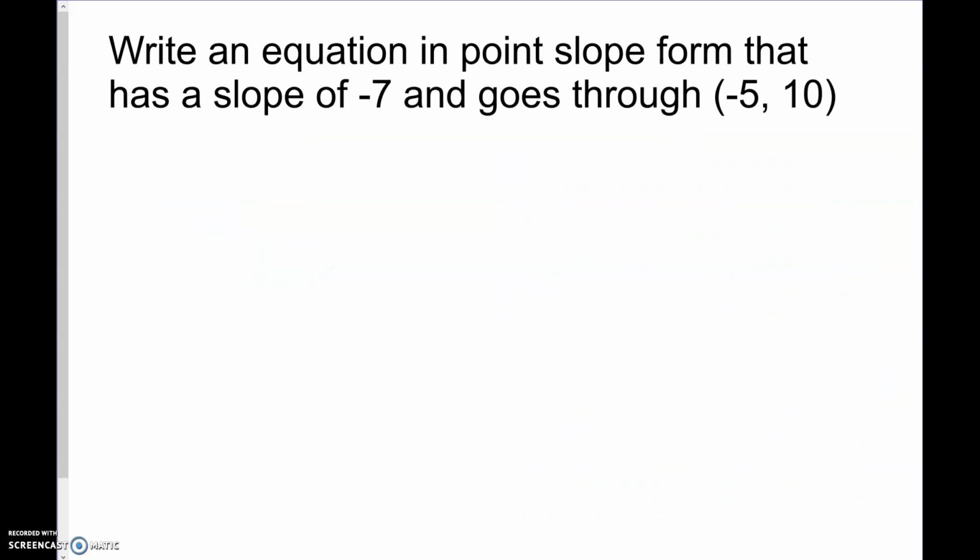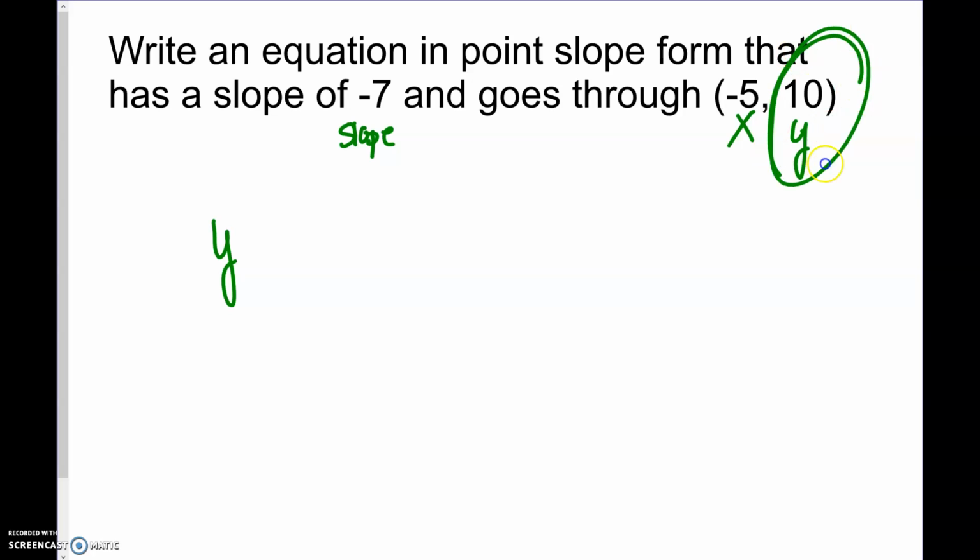All right, write an equation in point-slope form that has a slope of negative 7 and goes through the ordered pair. So remember, this is slope, this is x, and this is y. So we have y. So where do we write y? Do we write a plus 10 or a minus 10?